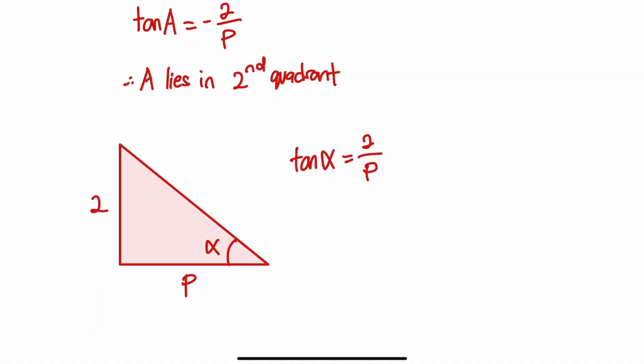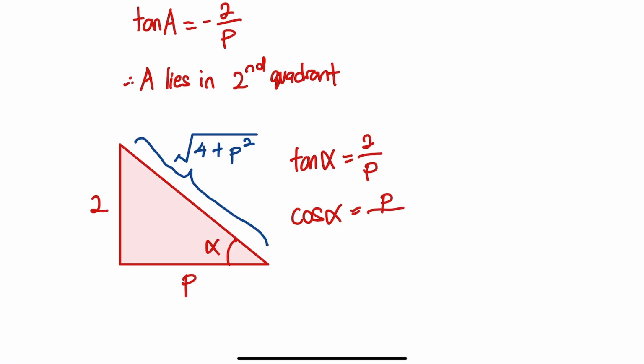Therefore by Pythagoras theorem, the hypotenuse will be square root of 2 squared plus p squared, which is simply square root of 4 plus p squared. Cosine alpha is adjacent over hypotenuse, p over square root of 4 plus p squared, and sine alpha is 2 over square root of 4 plus p squared.